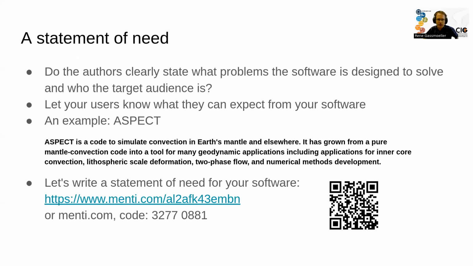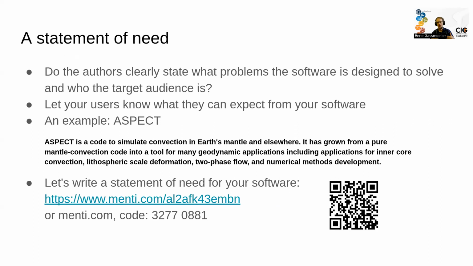A statement of need. JOSS requires authors to clearly state what problem the software is designed to solve and who the target audience of that software is. And CIG obviously also wants an explanation of what your software is made for. The important point here is that this is your elevator pitch for users who see your repository.